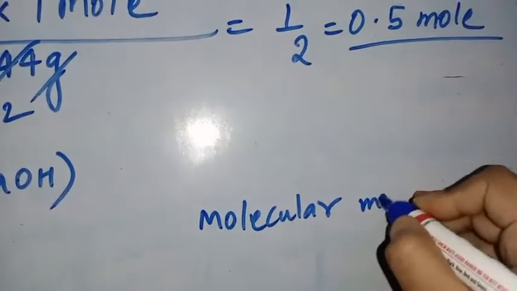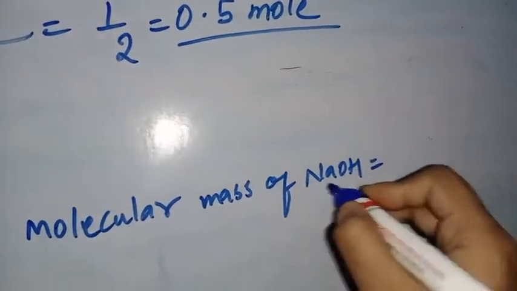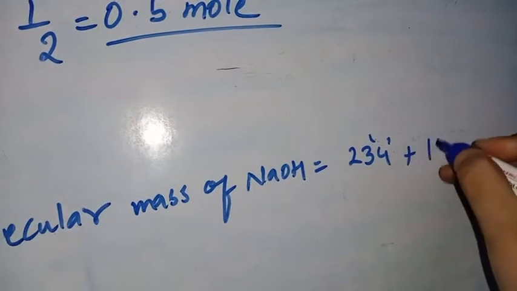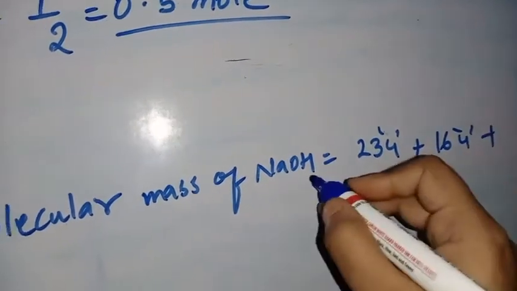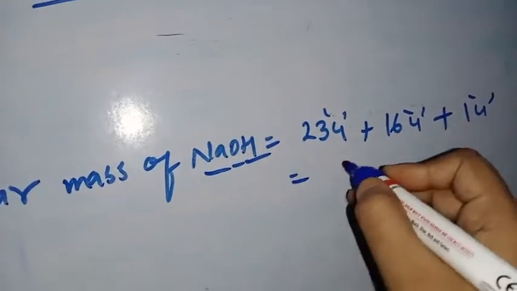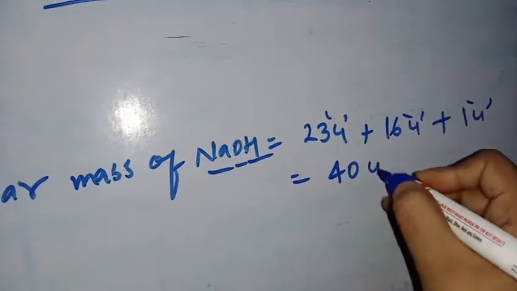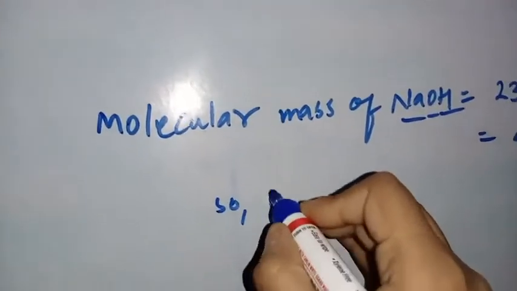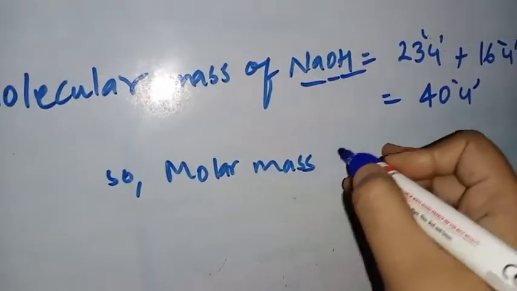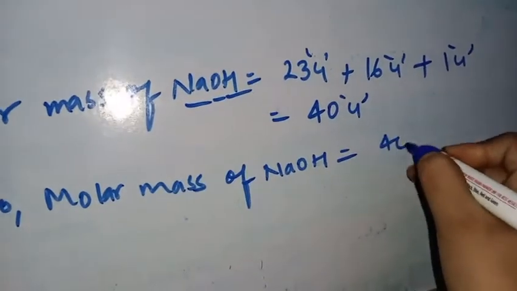Molecular mass of sodium hydroxide, that is NaOH, is equal to atomic mass of sodium, that is 23 U, plus atomic mass of oxygen, that is 16 U, plus atomic mass of hydrogen, it is 1 U. So we get 23 plus 16 plus 1, which is 40 U. So molar mass of NaOH would be 40 gram.